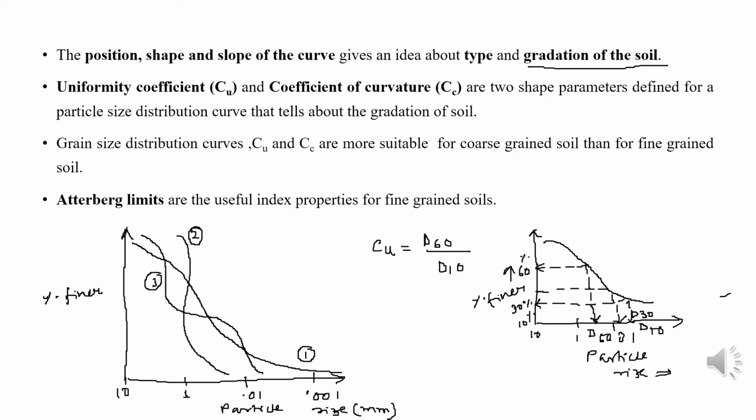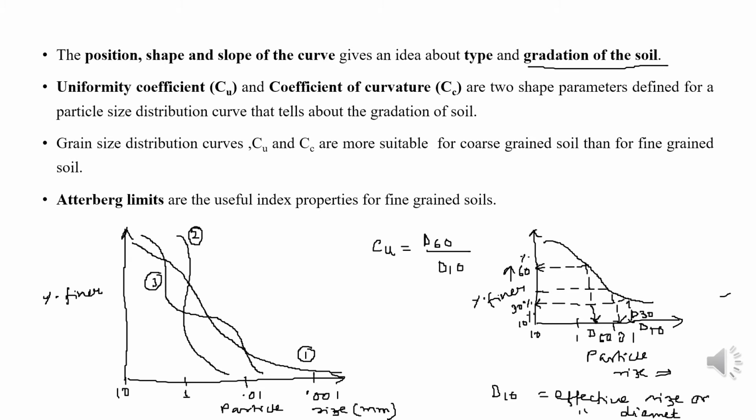So this is my 10%. So D10 represents a size in millimeter, as we are taking the x-axis as the particle size, such that 10% of the particles are finer than this size. And here D10 is also called the effective size or effective diameter.